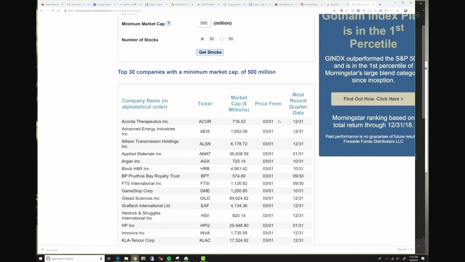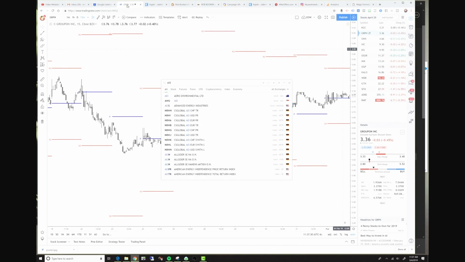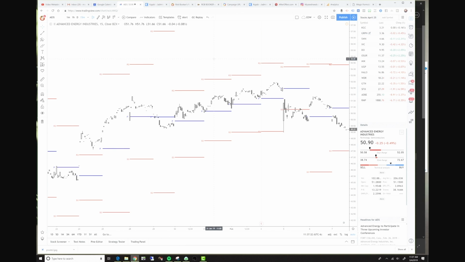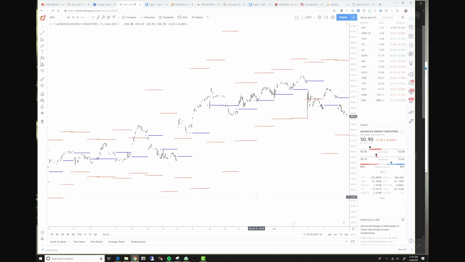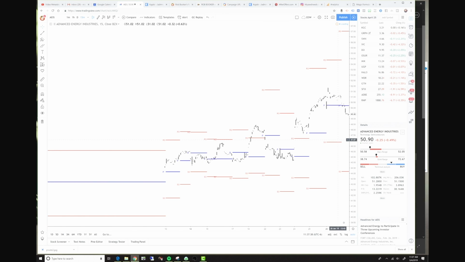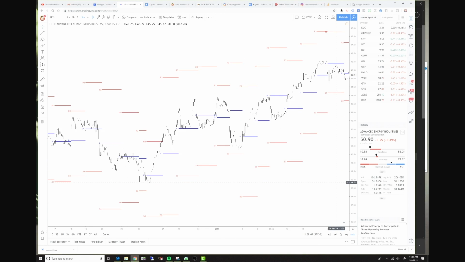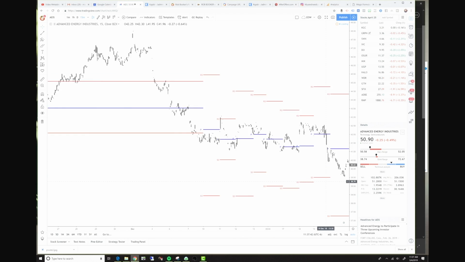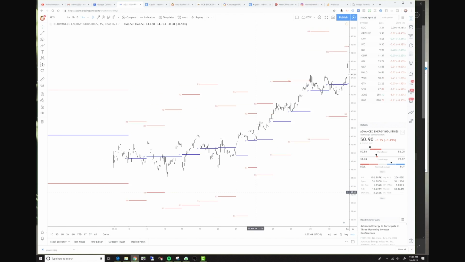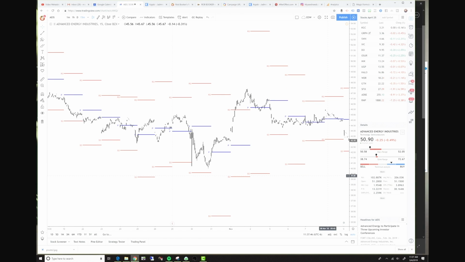I don't know what these companies do. I have no idea. Let's just look at something with a big market cap, like Advanced Energy Industries, AEIS. So we jump back over here, AEIS. And maybe we get this stock from a website like Magic Formula Investing, and every single time this stock hits S3, I'm trying to go back in time to really find a good example of this from the past.